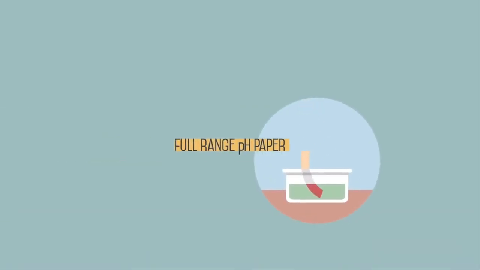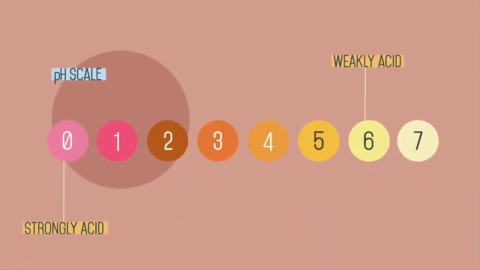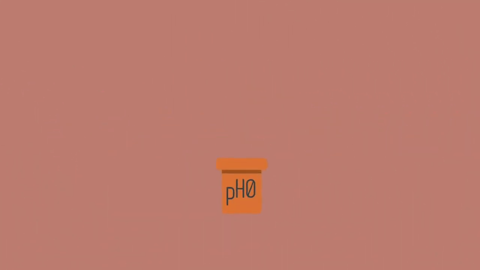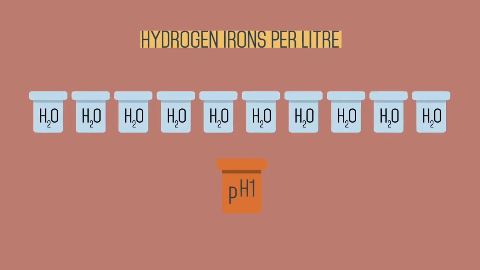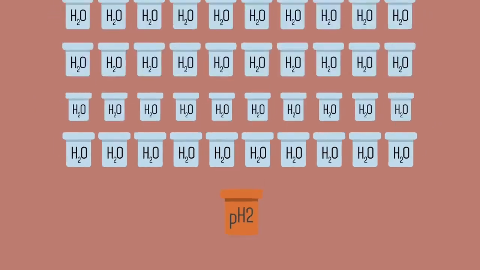Acids can be identified by using full-range indicator from 0 to 7 on the pH scale. pH is a measure of the concentration of hydrogen ions. For example, at pH 0 there is 1 mole of hydrogen ions per litre. At pH 1, just 1/10 of a mole of hydrogen ions per litre.